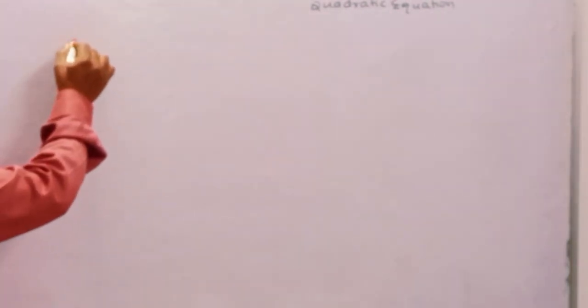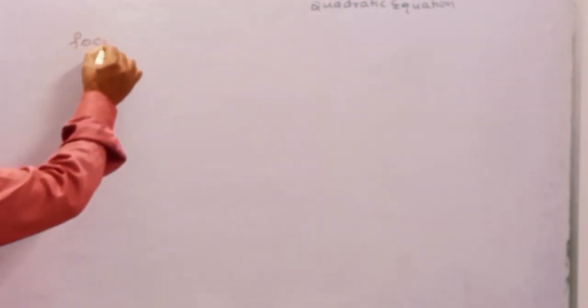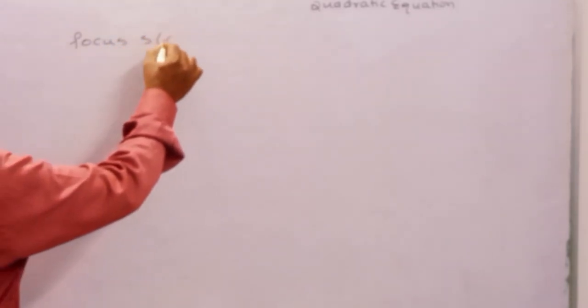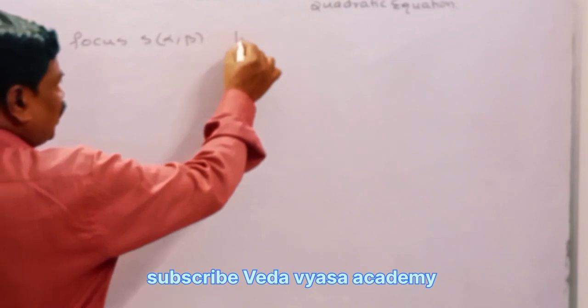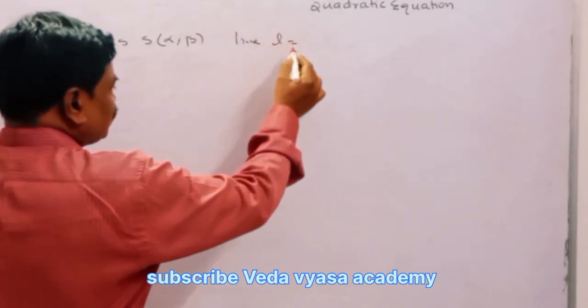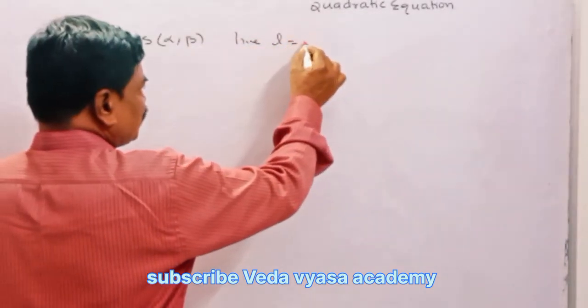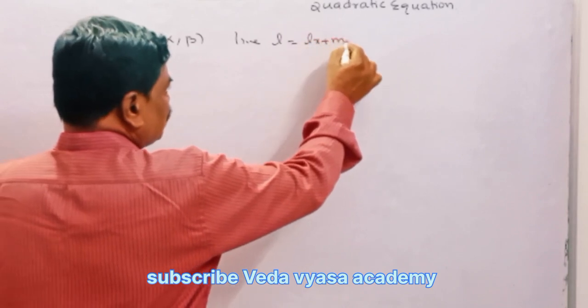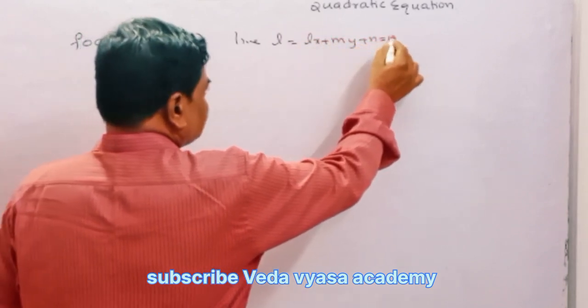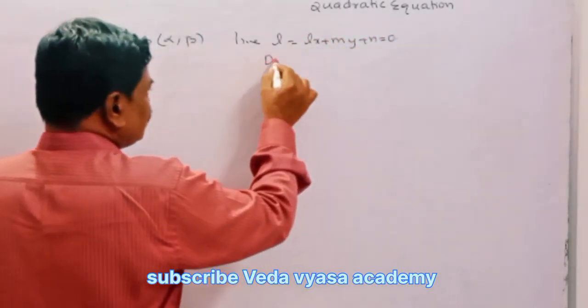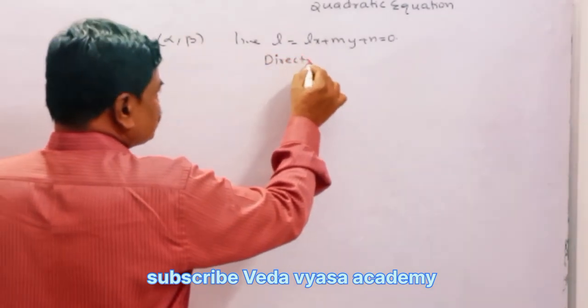Here we have given a fixed point focus S(alpha, beta) and the line L: Lx plus My plus N equal to 0 as the directrix.